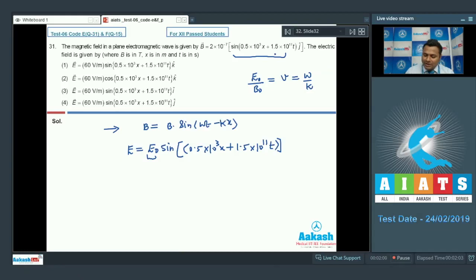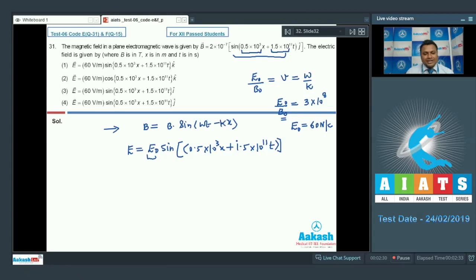Taking omega, which is 1.5 into 10 to the power 11, and k from the equation, that is 0.5 into 10 to the power 3, we get E naught upon B naught equal to 3 into 10 to the power 8 meter per second. So from here we get E naught equals 60 Newton per Coulomb after putting the value of B naught. So E naught is already obtained.